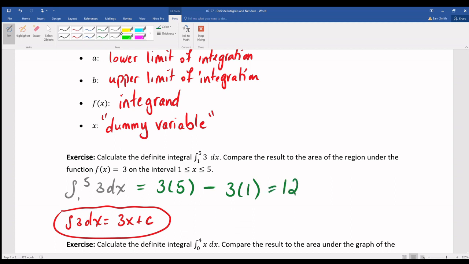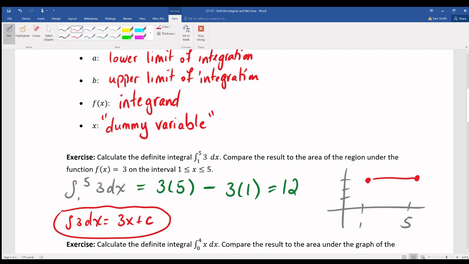Now let's have a look at the side here, and let's graph f of x equals 3 on the interval from 1 to 5. Since this function is constant, its graph will be just a straight line at height 3.